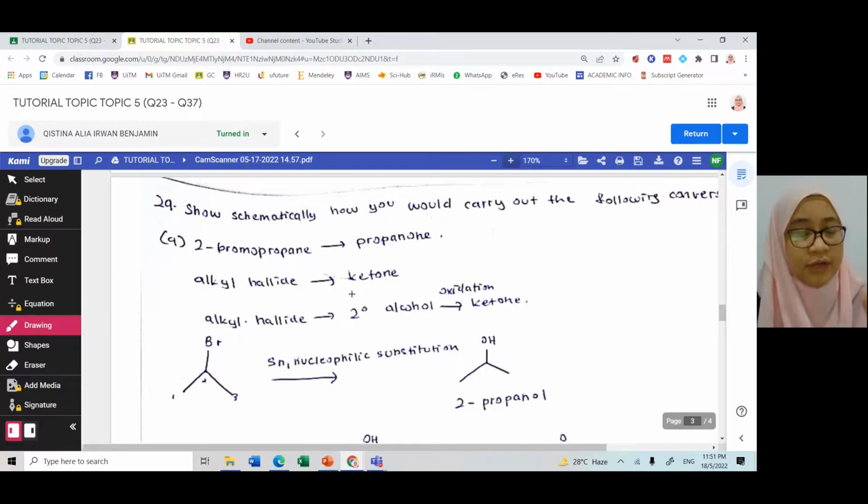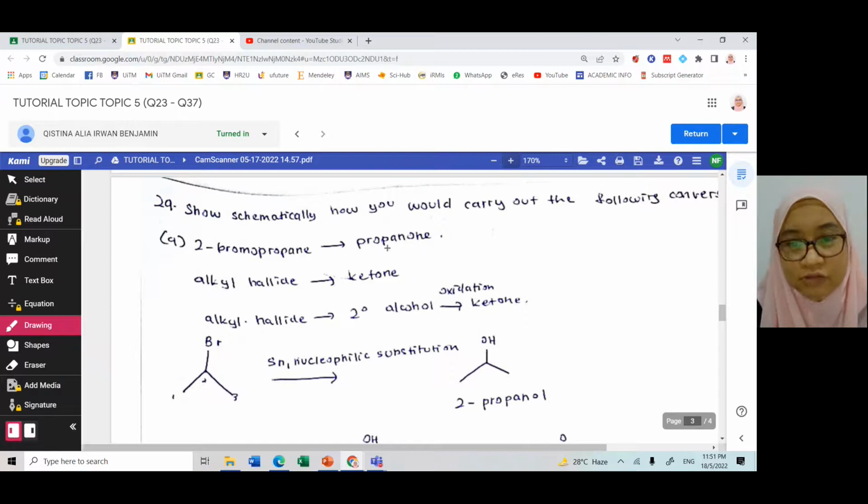So you must know all the reactions involved basically for alkyl halide and also the carbonyl compound. Then only you could combine the reactions in order to produce the final product. So this is 2-bromopropane.